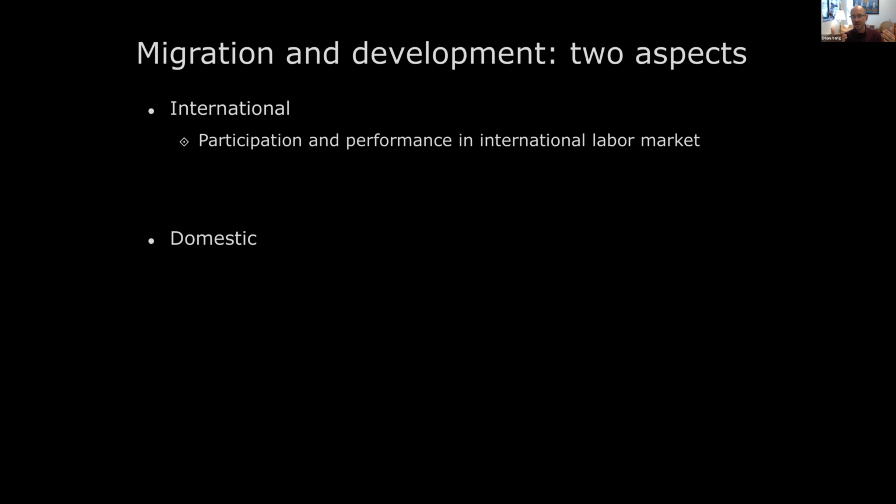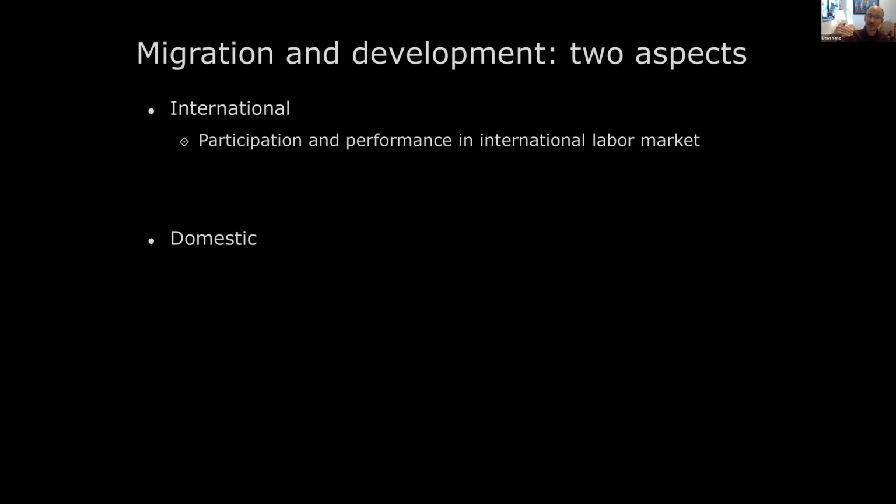I think we can think about increased participation in and better performance in the international labor market on the part of one's citizens as a form of development for the home country or home area. This may be something that's subject to a little bit of debate, but certainly I think we can think about that as development.